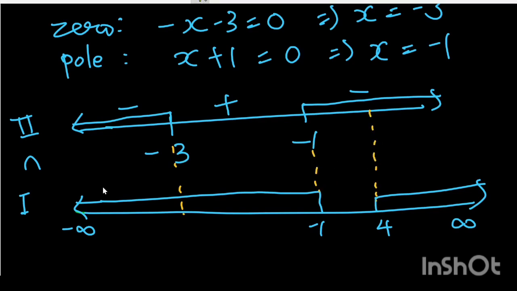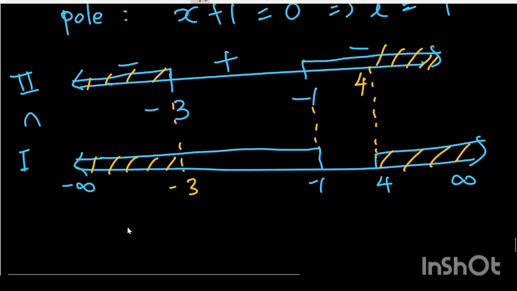Now we will take the common. So as you can see here and here, it is common. Minus infinity to minus 3, it is common. Minus 3 to minus 1, nothing is in common. Again, minus 1 to 4, nothing is common. But here, yes, 4 to infinity. Here also 4 to infinity is common.